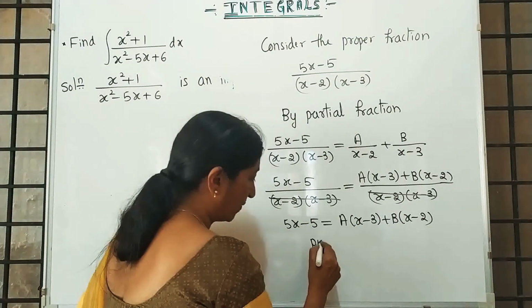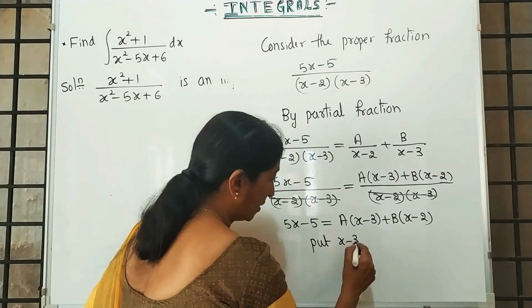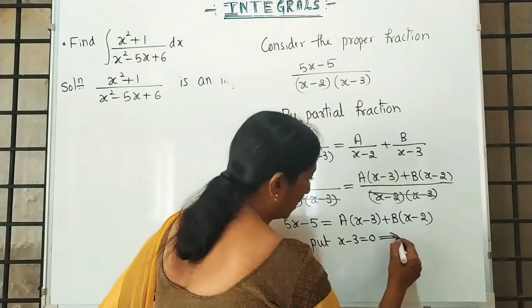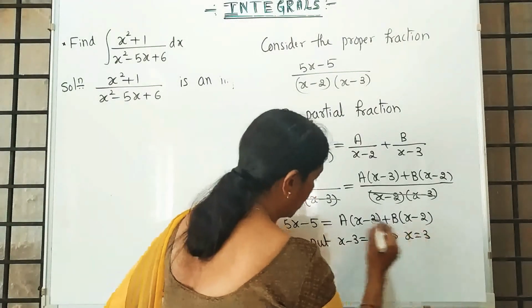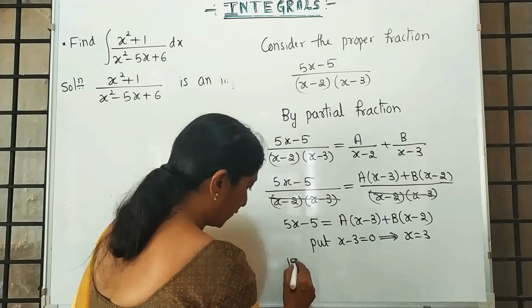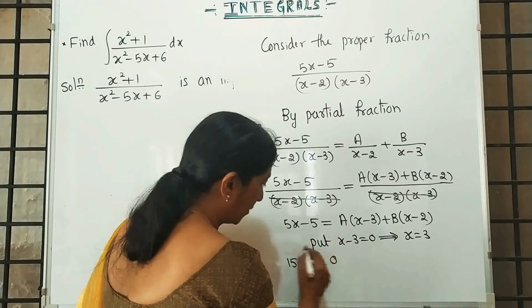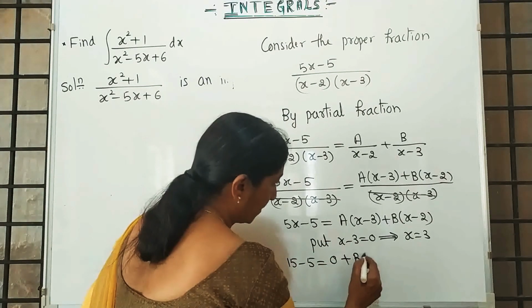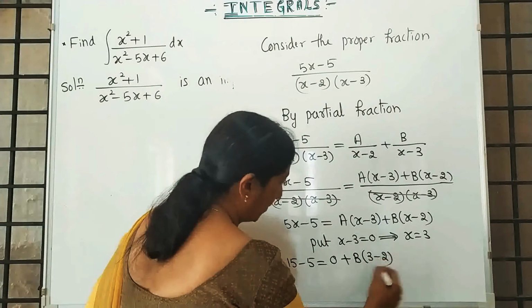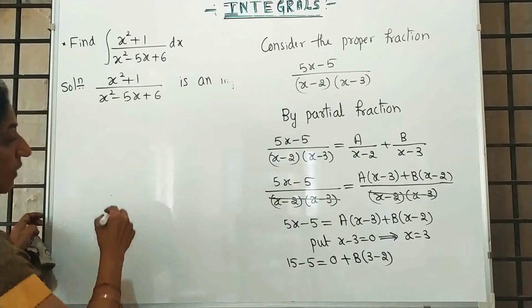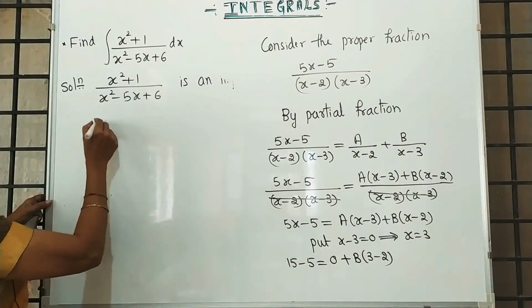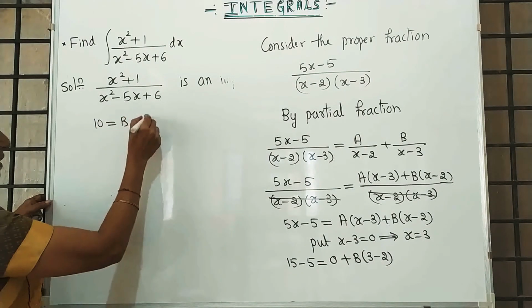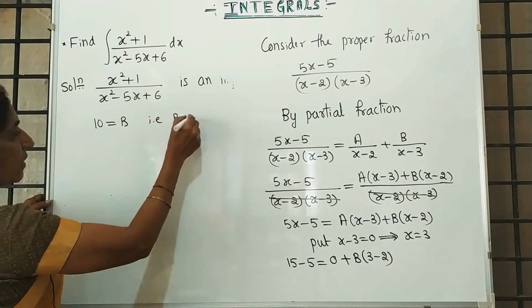As usual, put x minus 3 equal to 0, which implies x is equal to 3. This gives 15 minus 5 is equal to 0 plus b into 3 minus 2. 15 minus 5 is 10, so 10 is equal to b, that is b is equal to 10.